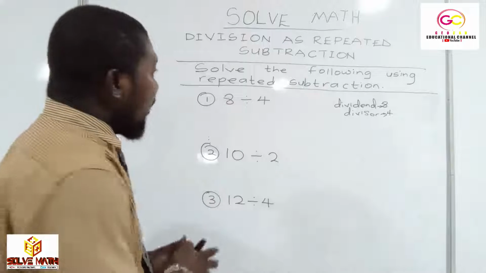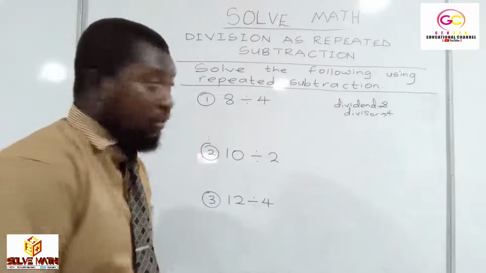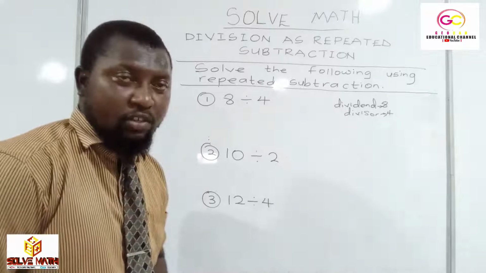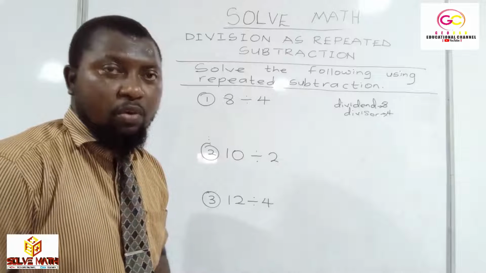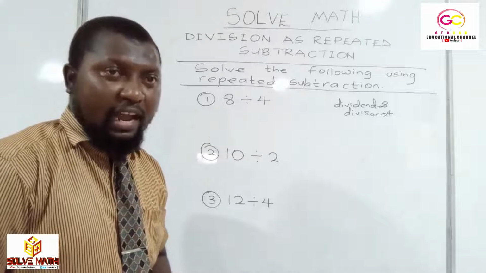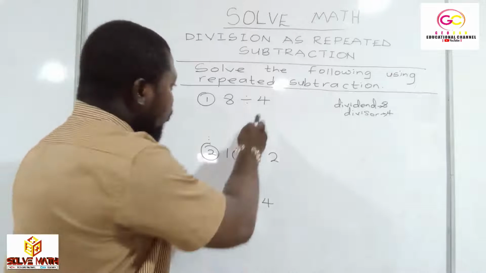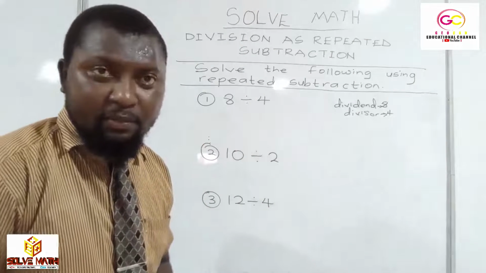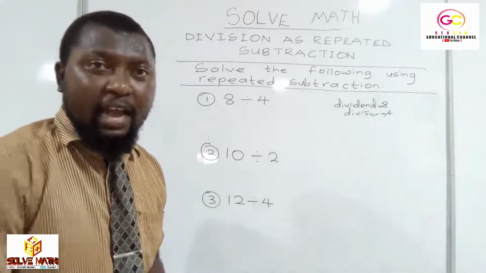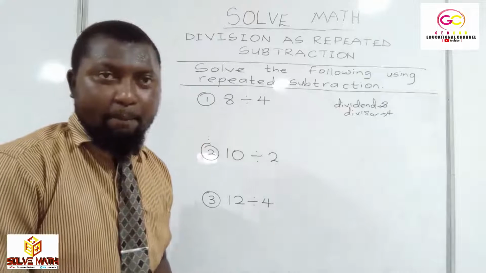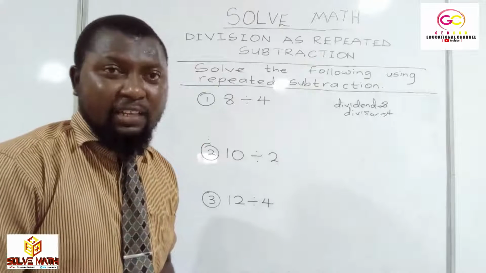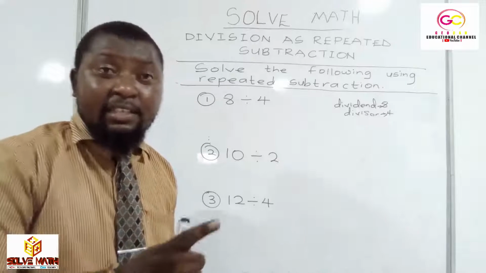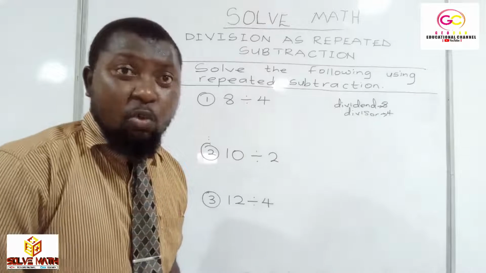And in solving this particular question using repeated subtraction, this is the rule. The rule says to subtract the divisor from the dividend, but do that repeatedly, and do that till you get 0.